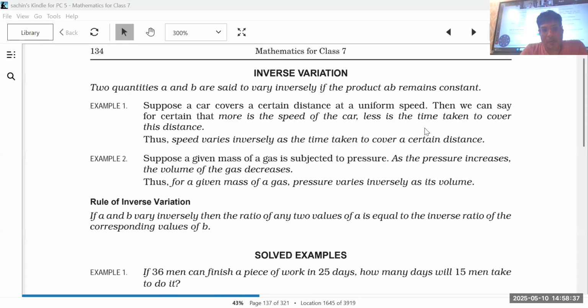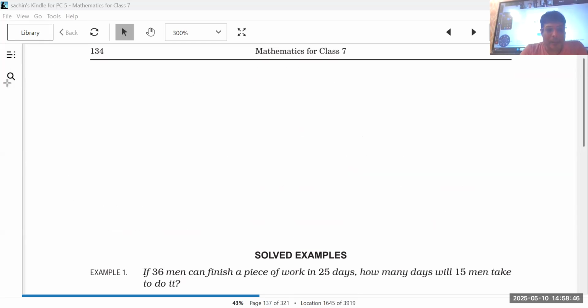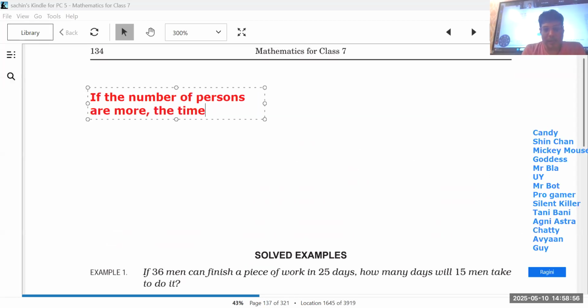Let's see. For example, 36 men can do a piece of work in 25 days. If the number of persons is more, the time taken will be less.